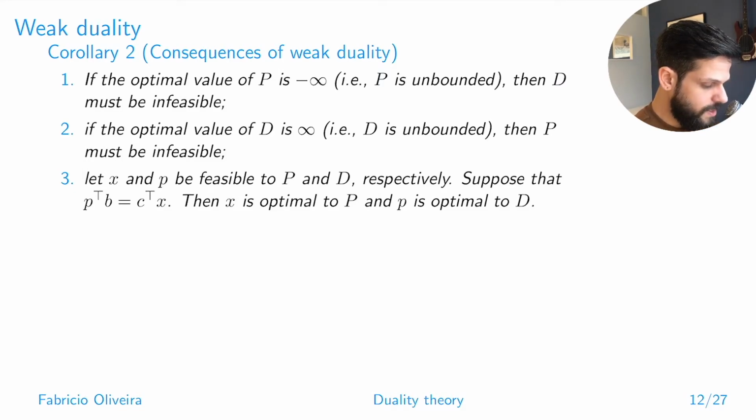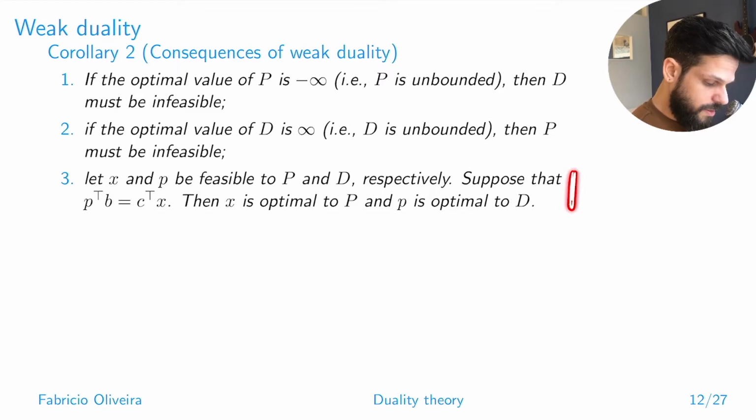And likewise, if your dual is unbounded because you're maximizing your dual, then you can say that your primal is infeasible. You can't really tell much when your primal is infeasible or your dual is infeasible, because then it might mean that your primal or your dual are either infeasible or unbounded. So they don't really say much in that sense.